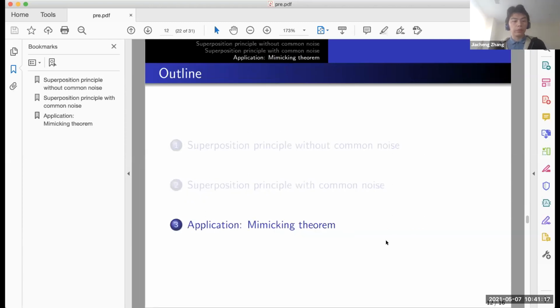And for the last part, let's introduce some application which uses the superposition principle.